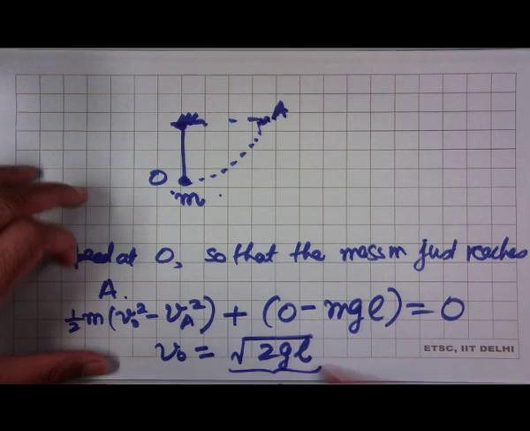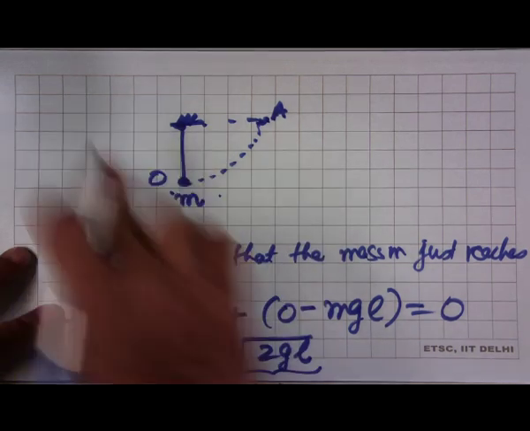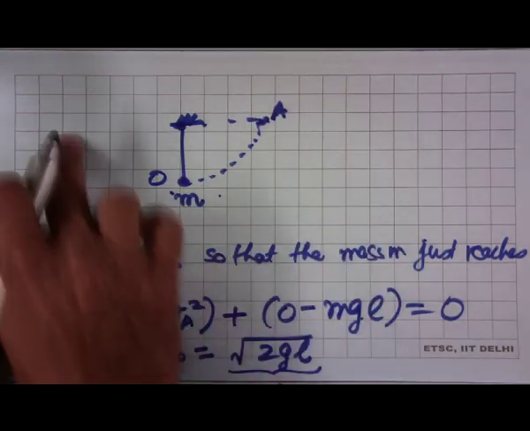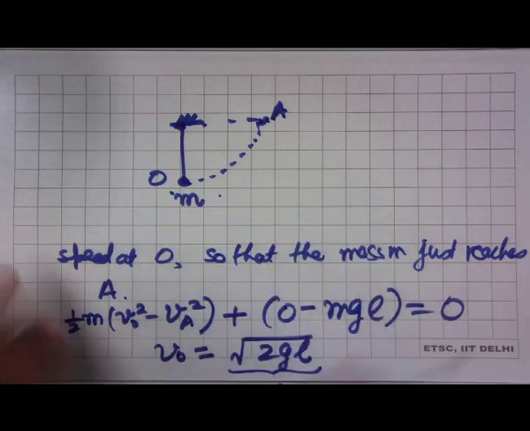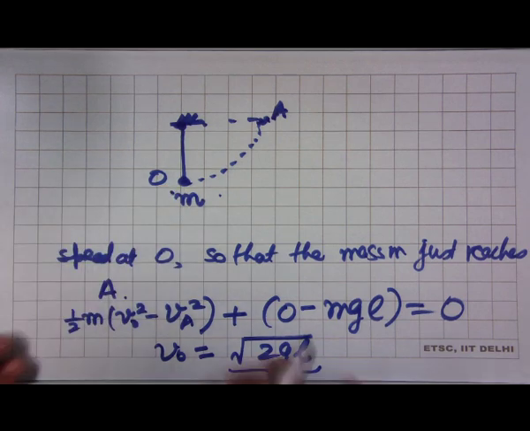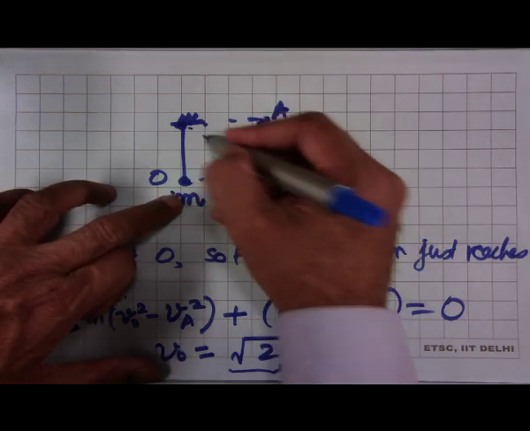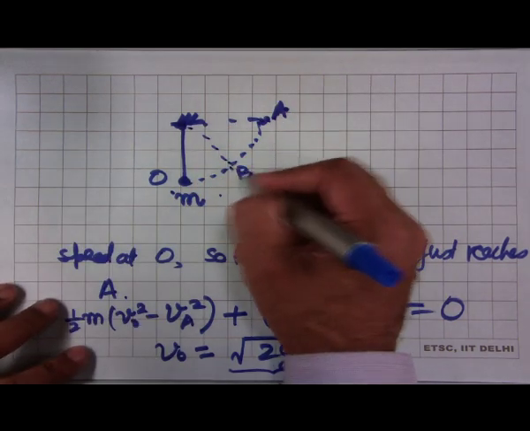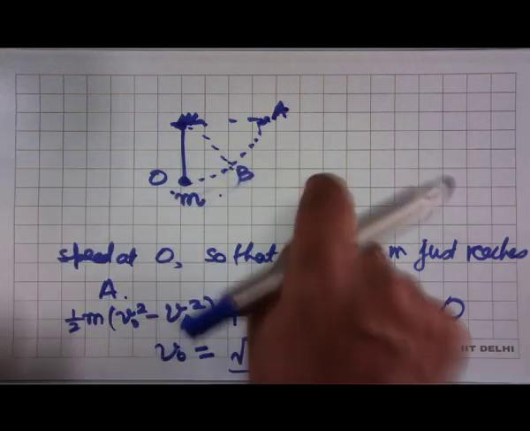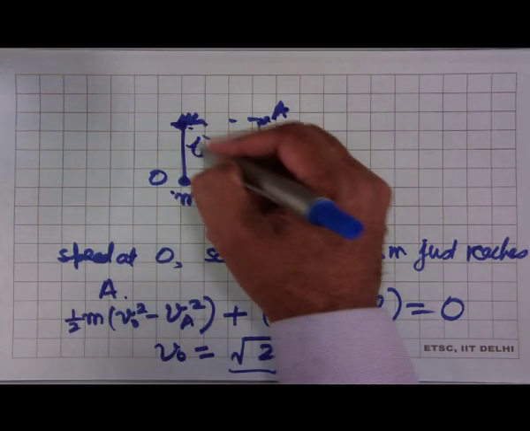So, if the velocity at the bottom is equal to root 2 gl, then it oscillates in a semicircle about point O. If the velocity at the bottom is less than root 2 gl, then it will oscillate, but it will not be able to go up to A, it will be able to go up to some intermediate point B. So, it will oscillate with some angular oscillation where this angle theta will be less than 90.